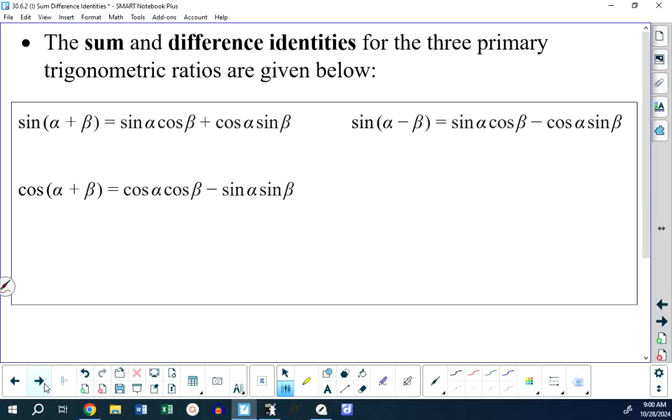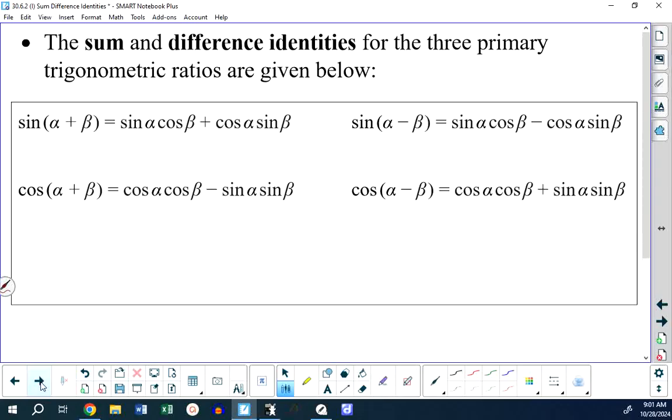In this particular case, cos of A plus B is cos A cos B minus sine A sine B. It's not a mistake. It's A plus B in the identity on the left, but then you subtract the terms on the right. And then we have this identity as well. Cos of A minus B is cos A cos B plus sine A sine B.